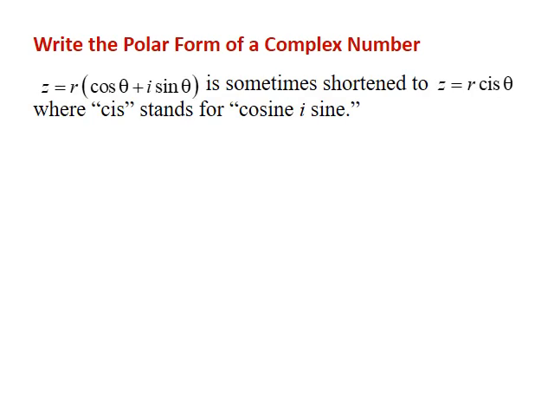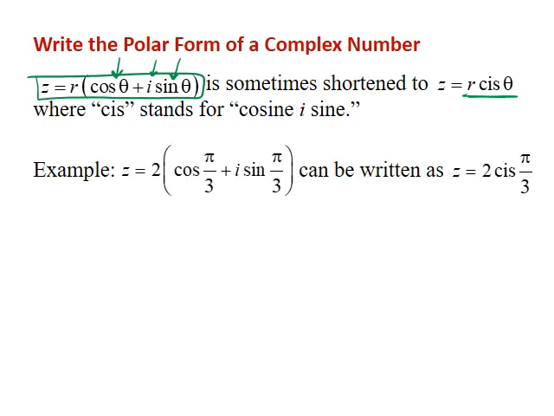In the previous slide we saw this, but sometimes we shorten it and say r cis theta, and all that means is r times cosine theta plus i sine theta. We're kind of lazy, so sometimes we say that.